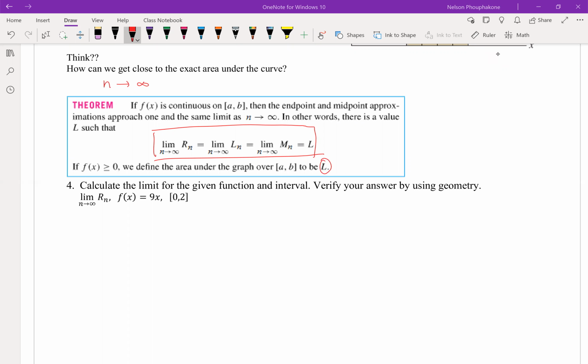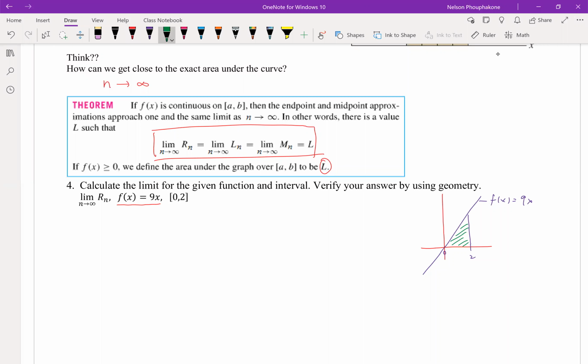The function that I have is f of x equals 9x. So if I draw the function out, then we know that this is the function f of x equals 9x. Okay. And then between 0 and 2, in this case, we're actually looking for this area.